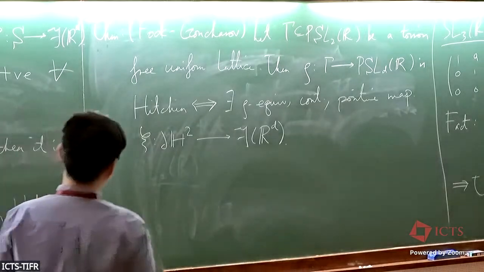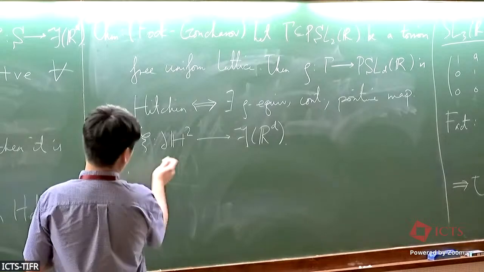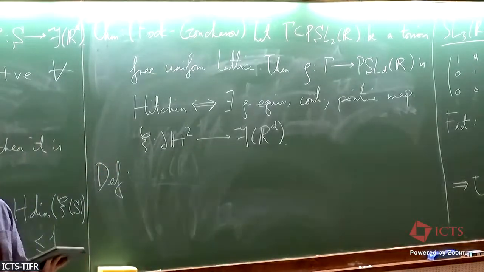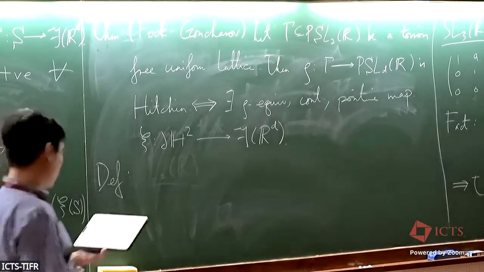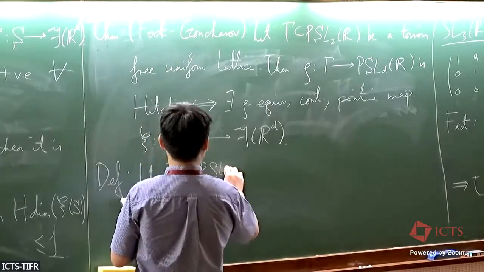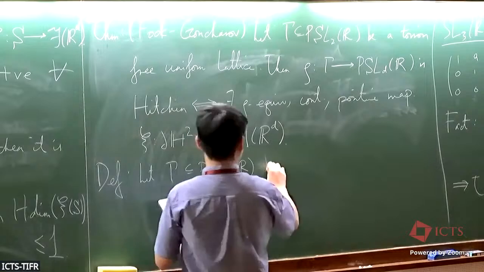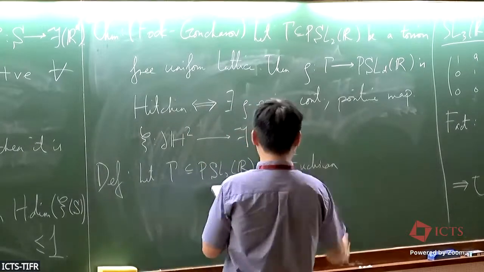Okay? And so, the way that I'm going to do things, I'm going to use this as my definition of what is a Hitchin representation for an arbitrary Fuchsian group. Okay? So let gamma inside of PSL2R be Fuchsian. So again, no geometric finiteness assumption here, right?